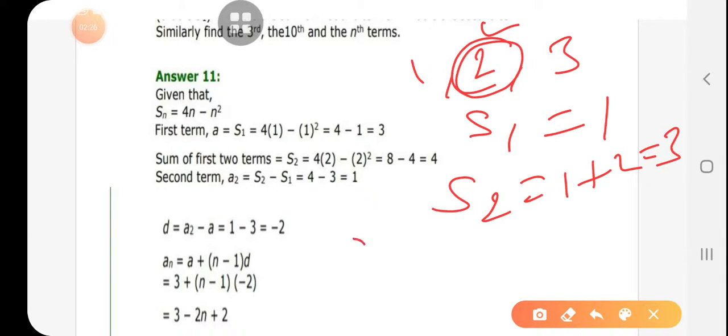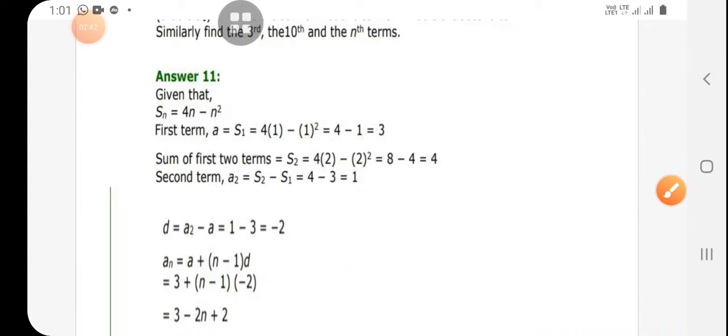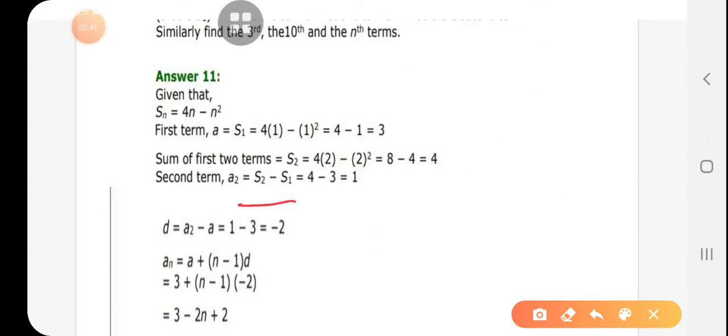If we subtract the sum of the first term from the sum of two terms, we get 3 minus 1, that is 2. So we got the second term. So for the second term, we will use the sum of two terms minus the sum of the first term. So 4 minus 3, that is 1. So here the second term is 1.